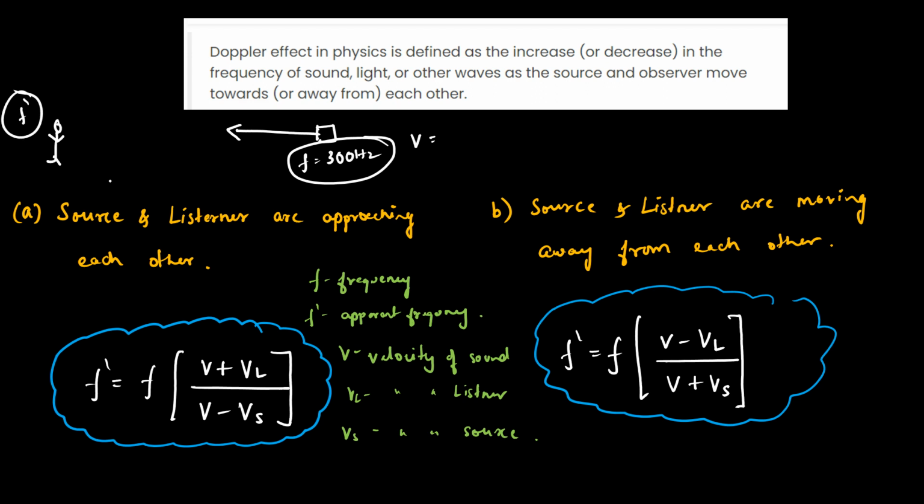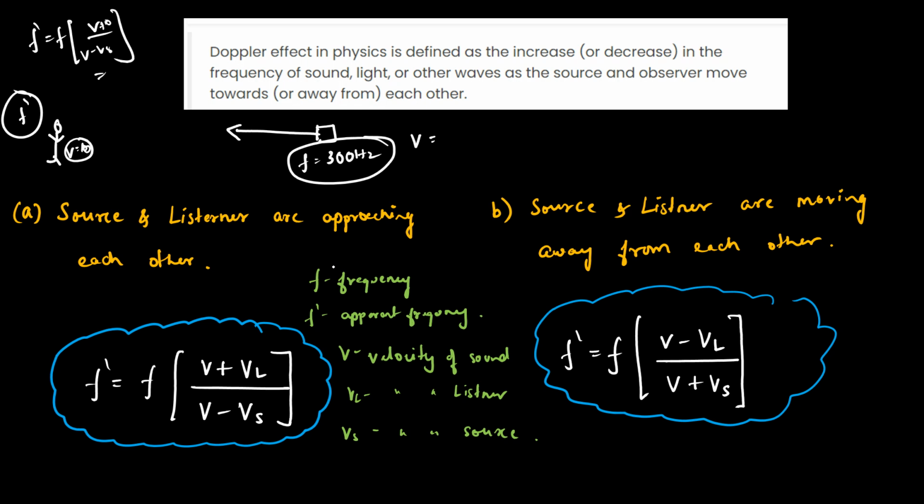That is your f dash. So how can I calculate f dash? The source and listener are approaching each other. Now my velocity is 0, so VL will be equal to 0. So the frequency I will hear is f dash equal to f multiplied by V divided by V minus Vs. So this will be the frequency that I hear. Now if I'm also traveling with say 10 meter per second, then here you can plug in plus 10 meter per second.